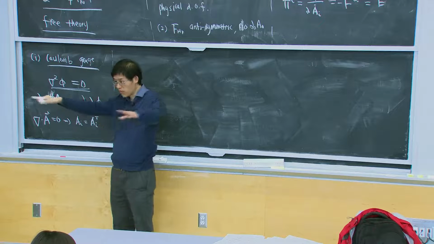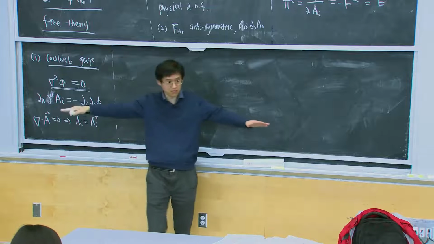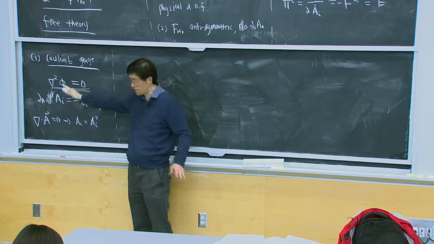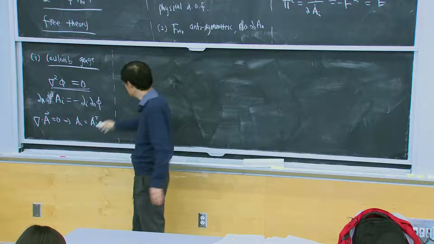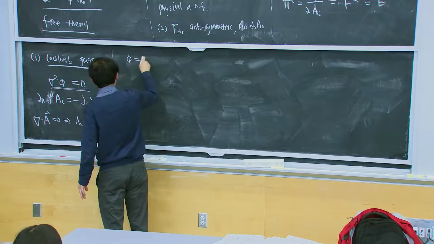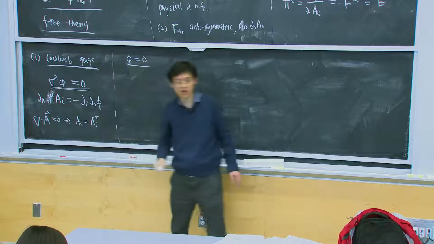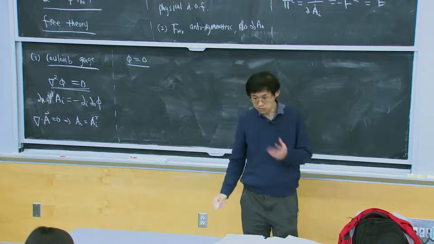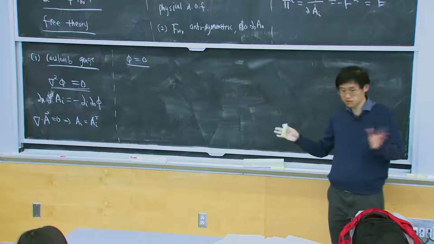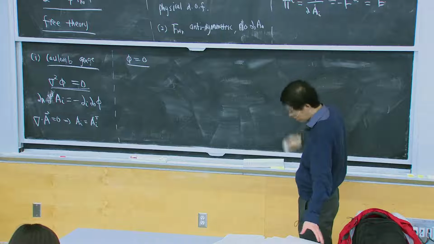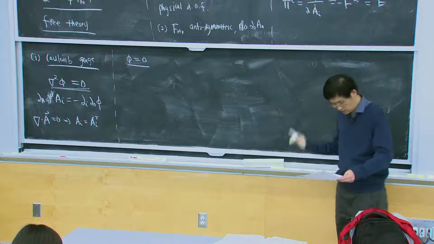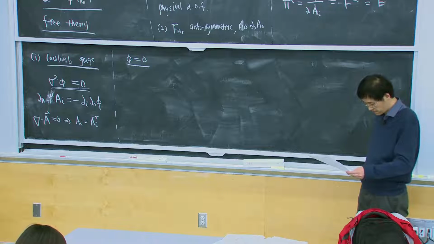If you require φ to go to 0 at spatial infinity, then this equation only has the identically 0 solution. So φ you can just set to be 0. Since φ is just 0, we don't have to quantize φ.